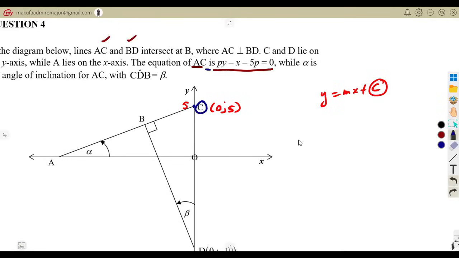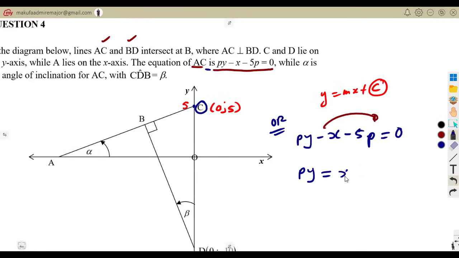So just make y the subject. py minus x minus 5p is equal to 0. That's another way that we could have worked this one. So you need to write in the form of y is equal to mx plus c. So py is equal to what? You take the minus x to the other side, it becomes a positive there.